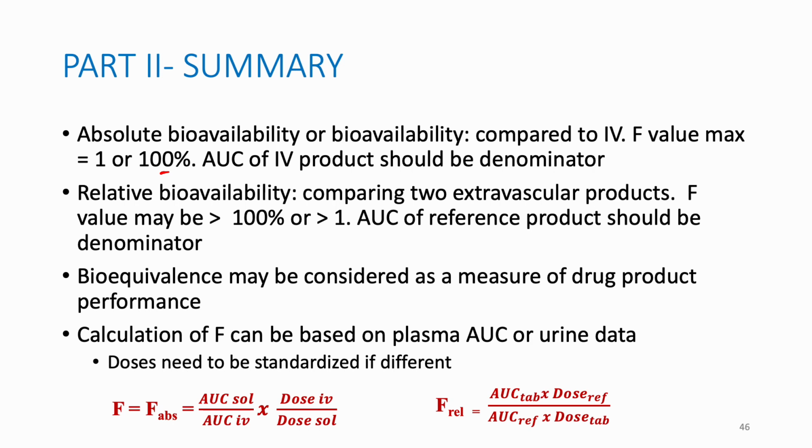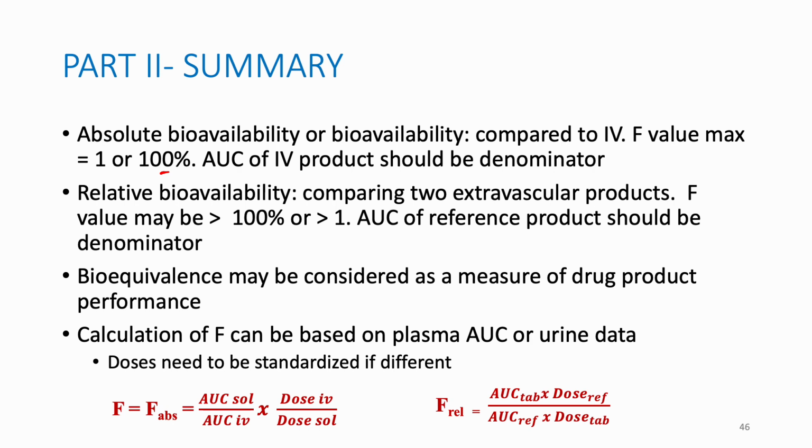For the relative bioavailability, that's to compare two extravascular products, with no IV. The F value may be more than 100% or more than 1. Bioequivalence may be considered as a measure of drug product performance. Calculation of F can be based on plasma AUC or urine data.